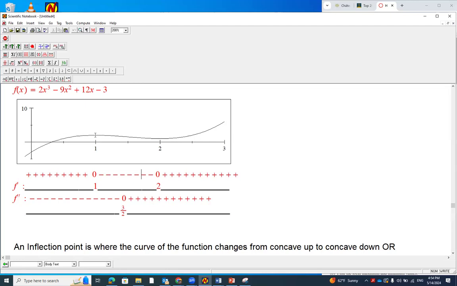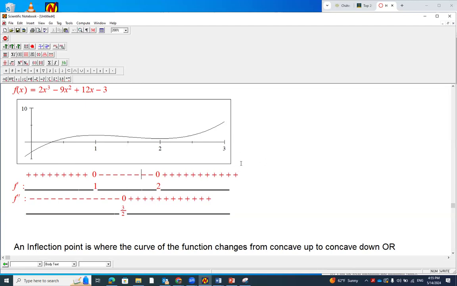So we reach the local maximum right here at 1, 2. That's a local maximum, right? And the local minimum at 2. And so the curve, actually, there's a concavity change at 3/2.